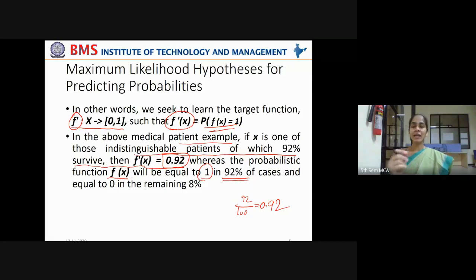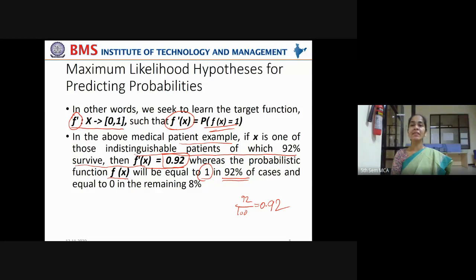When we say 92% of the patients are surviving and 8% of the patients are not surviving, we mean that the outcome of 92 patients out of 100 is equal to 1. They are surviving. And in 8% of the cases, it is equal to 0. They are not surviving. That is how we need to connect probability and the functions.